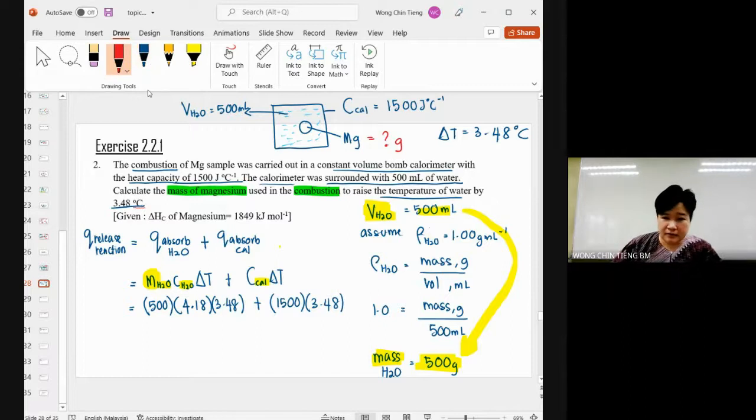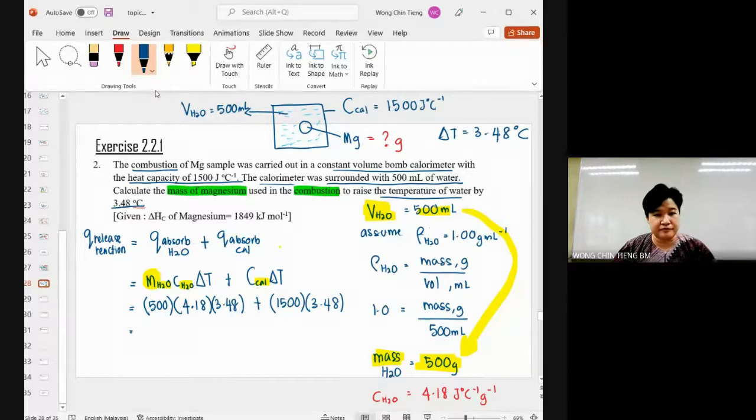C kecil untuk water kalau soalan tak bagi, 4.18 joule per degree Celsius per gram. Kalau soalan bagi, guna apa yang dia bagi. Kalau dia tak bagi, 4.18. Okay? So, press your calculator very, very correctly. I want the value.